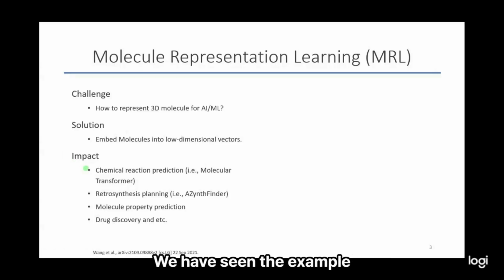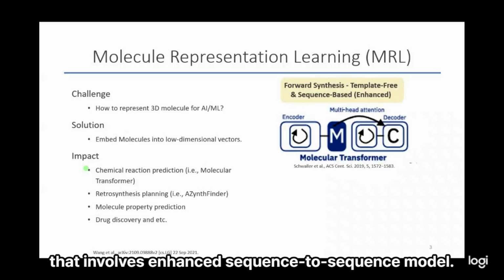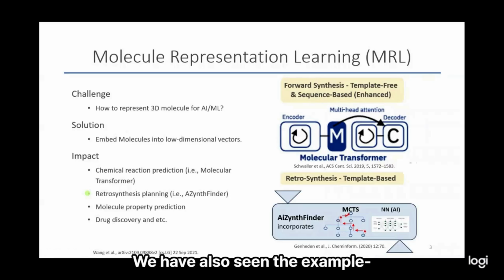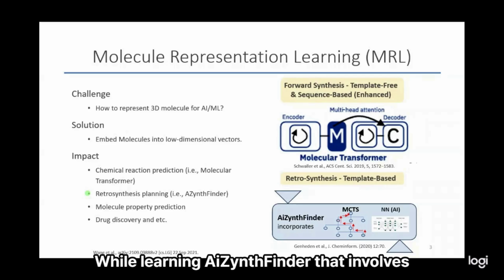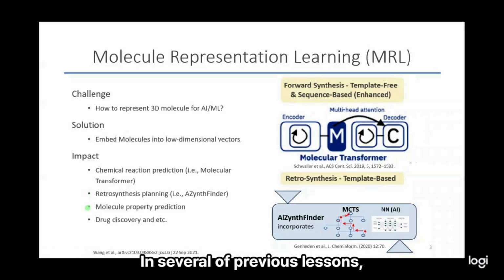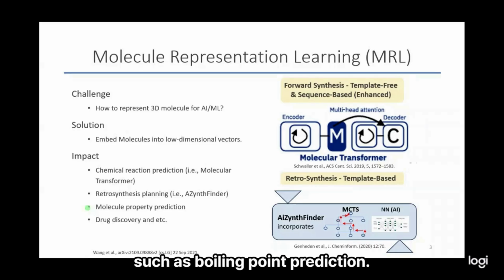We have seen the example while learning about molecular transformer. That involves enhanced sequence-to-sequence model. Retro-synthesis planning: we have also seen the example while learning AiZynthFinder that involves Monte Carlo tree search algorithm. In several of previous lessons, we also discussed molecular property prediction, such as boiling point prediction.